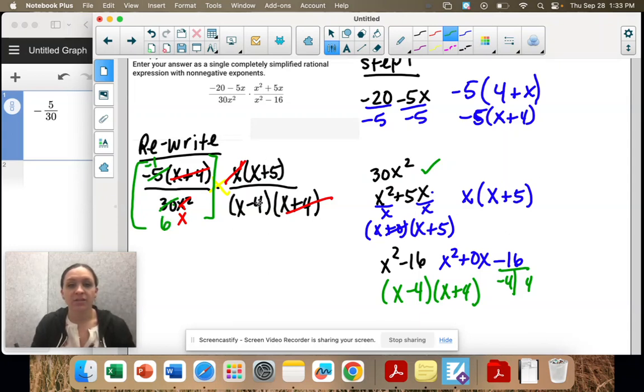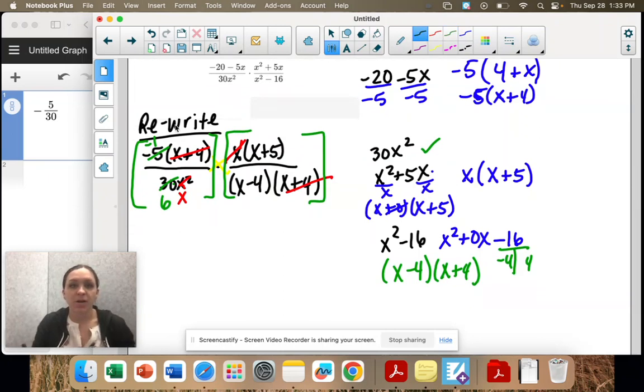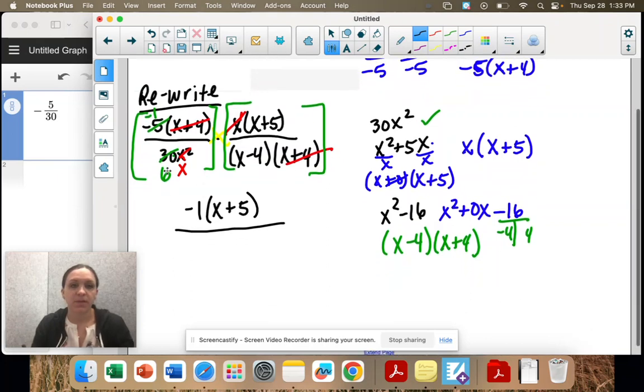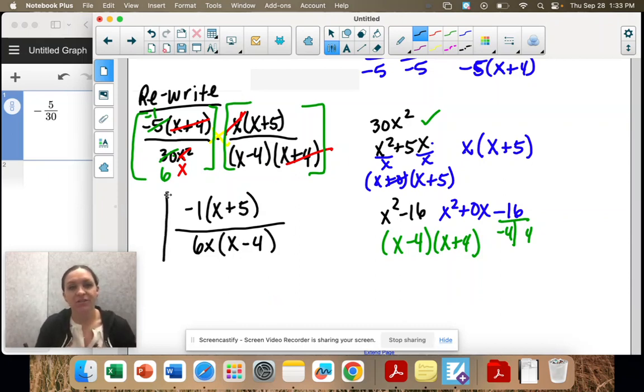Then over here, if I'm focusing on this fraction, nothing cancels. So now my numerator is negative 1 times x plus 5 over 6x times x minus 4. Just everything that's left goes in our answer.